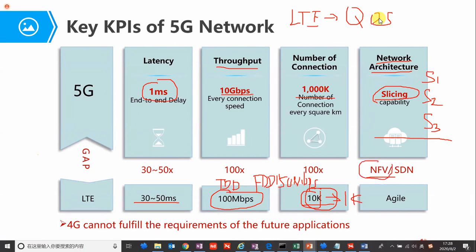And NFV means network function virtualization. Our 5G core network will depend on the cloud, and the cloud infrastructure can support slicing. Because of the cloud infrastructure, it can be more flexible than 4G.